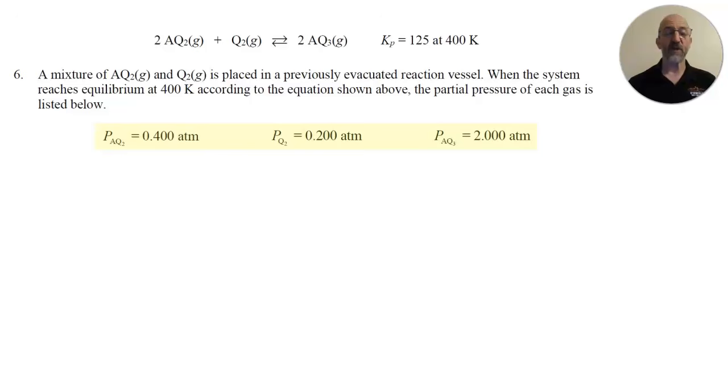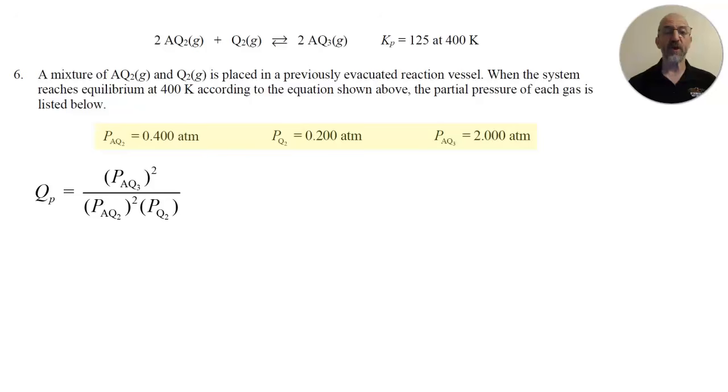So I will write the expression for the reaction quotient Q. Now that would be QP as opposed to QC, which is why I'm using partial pressures and not hard brackets to indicate concentration. And it's products over reactants, you can see that I've got the exponent of 2 for the chemicals that involve a coefficient of 2.